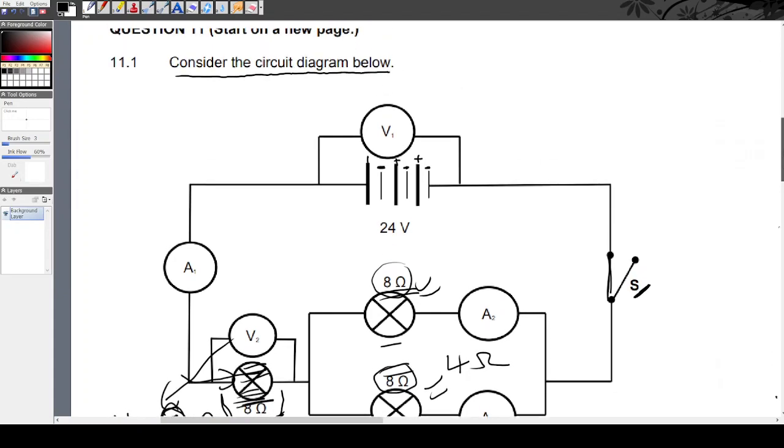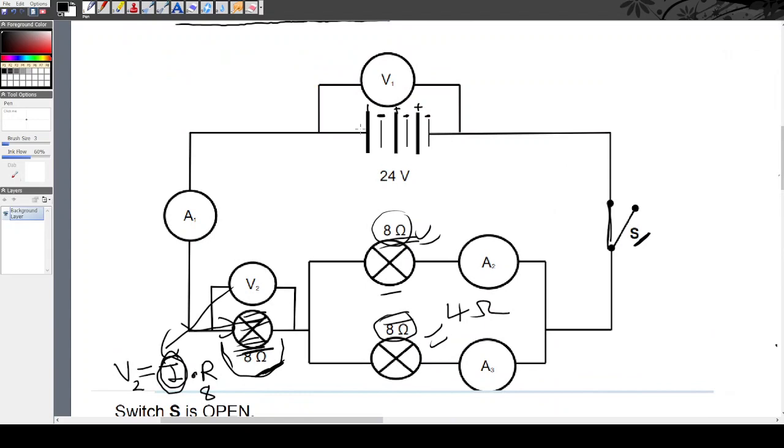Okay, let's go back to the circuit of ours and try to understand. Remember when I was saying that the current starts from the positive terminal. It starts from the positive terminal and then passes through this A1 ammeter, meaning ammeter number 1. So the current that is read by ammeter number 1 is the total current. So how do we find the total current? We use Ohm's law.